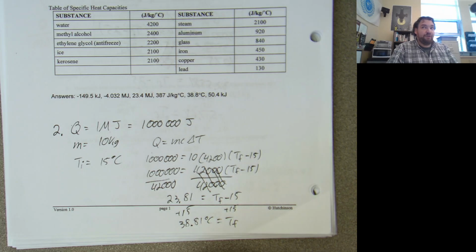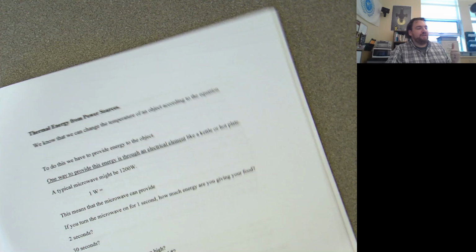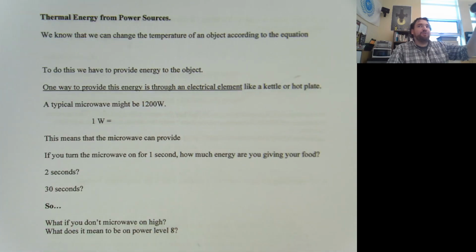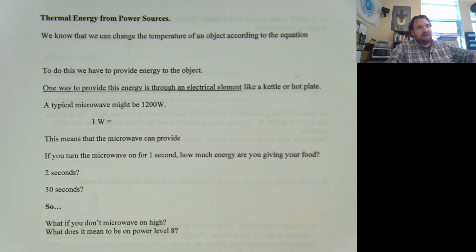If there are no further questions, going once, twice, thrice, sold, let's talk about how we do this. How do you give all that water 1 million joules of energy? We're looking at thermal energy from power sources. This will be our last lesson, all of Physics 11.